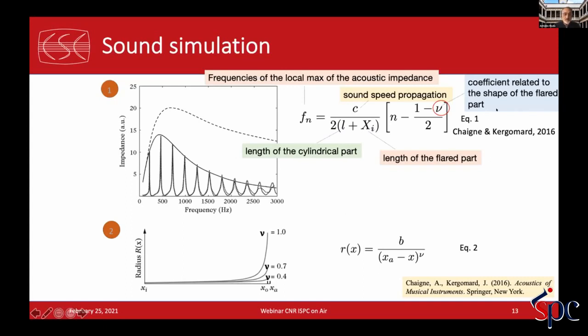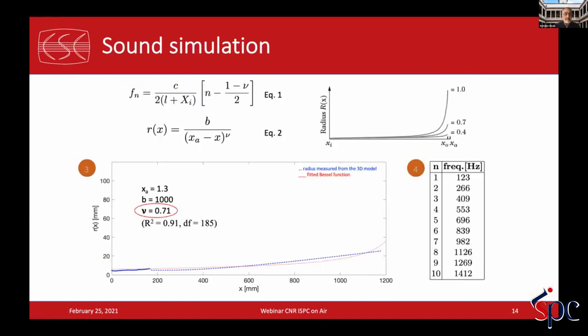To estimate the new coefficient, the flared part is usually approximated by a Bessel function. And then by fitting the data obtained from the reconstructed model, the points in blue, with a parametric Bessel function, we obtained a value for the new parameter equal to 0.71.